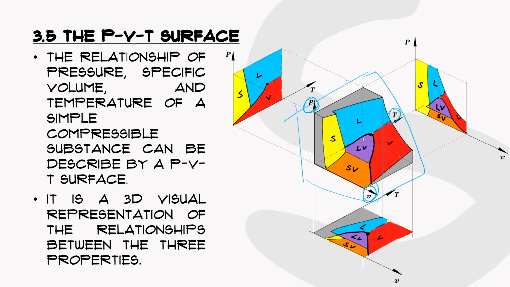And since it's 3D, if we project only two properties, let's say pressure and temperature only, we get this pressure-temperature diagram. If we project pressure and volume, then we get a pressure-volume diagram. And when we project from the top view, what we see is a temperature-volume diagram.